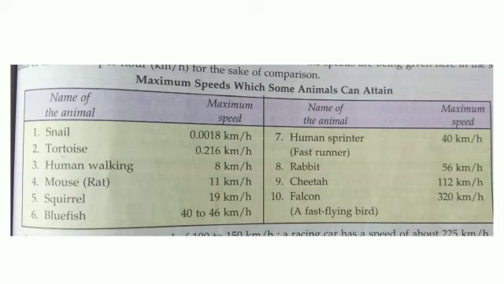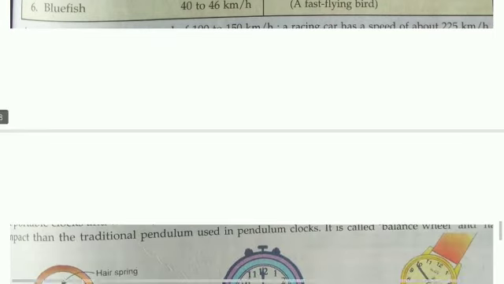Tortoise 0.216 kilometer per hour, human walking 8 kilometer per hour, mouse or rat 11 kilometer per hour, squirrel 19 kilometer per hour, blue fish 40 to 46 kilometer per hour, human sprinter, a fast runner, 40 kilometer per hour, rabbit 56 kilometer per hour, cheetah 112 kilometer per hour, falcon 320 kilometer per hour. Falcon is the fastest animal creature on the earth. This is just for your knowledge.